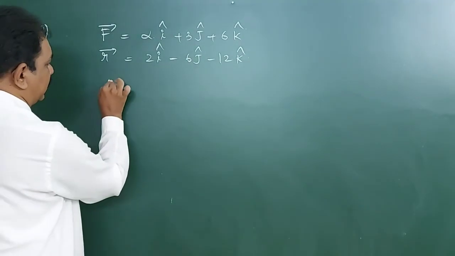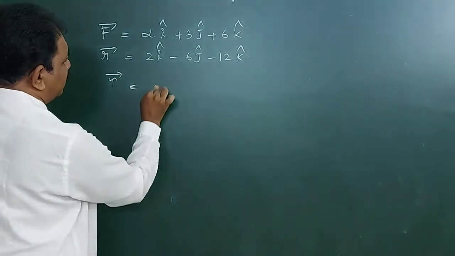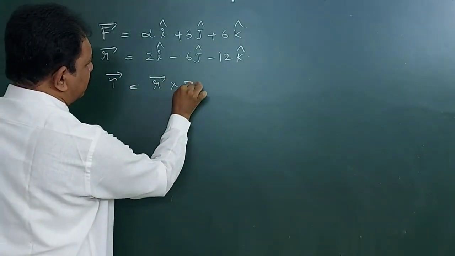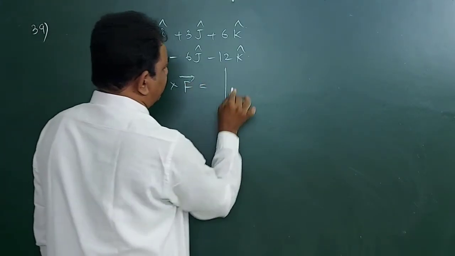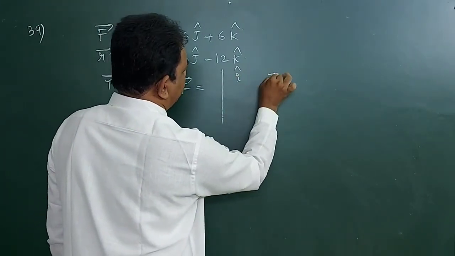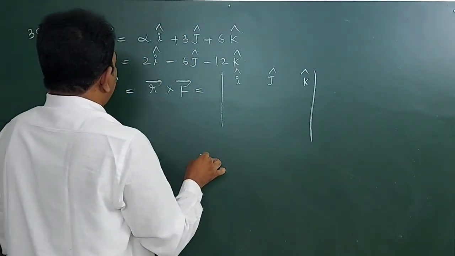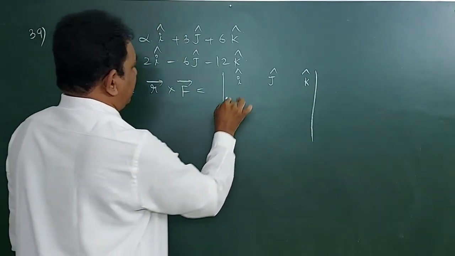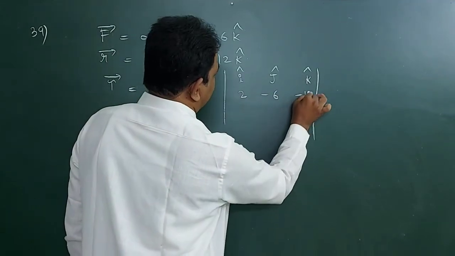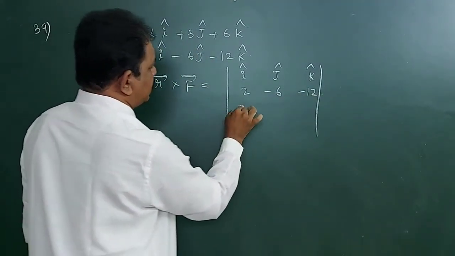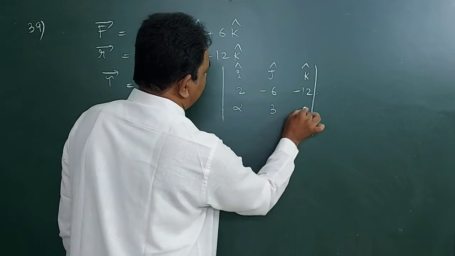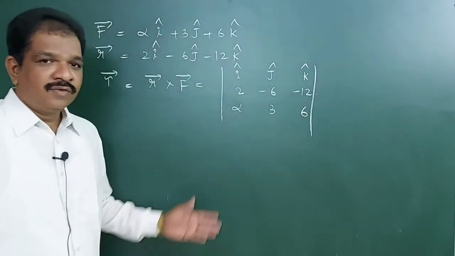First you find the torque value. Tau bar is equal to R bar cross F bar. This will be i j k, and R values 2, minus 6, minus 12, and F values alpha, 3, 6.